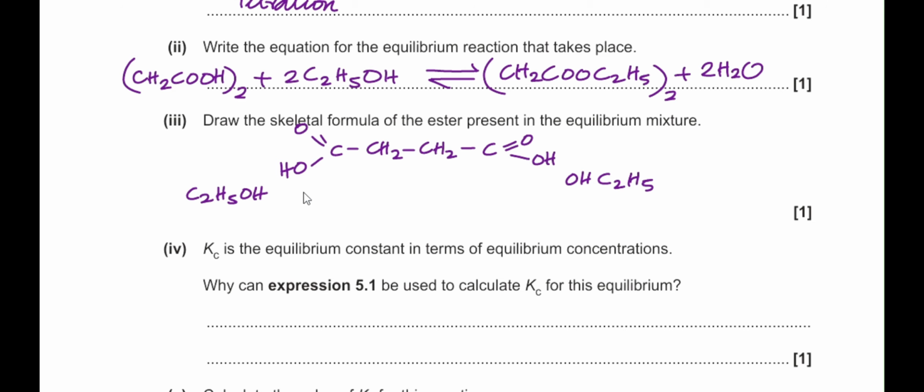During the esterification reaction, the hydrogen atom of ethanol and the OH group of the acid move away as one molecule of water. So here also the hydrogen atom of the ethanol and this OH group of the acid go away as water, and therefore the remaining part, we can now link this as the ester link.